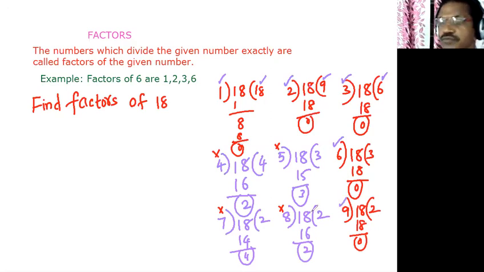We can stop now. In this way, divide a given two-digit number by the numbers 1, 2, 3, 4, 5, 6, 7, 8, 9 and check which number divides completely. Now write down the factors.